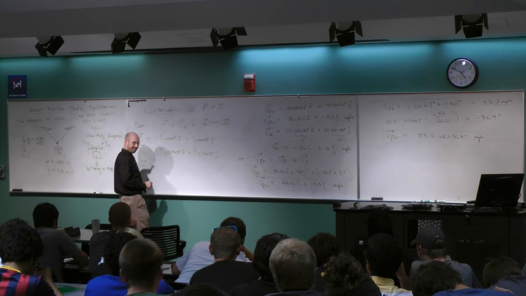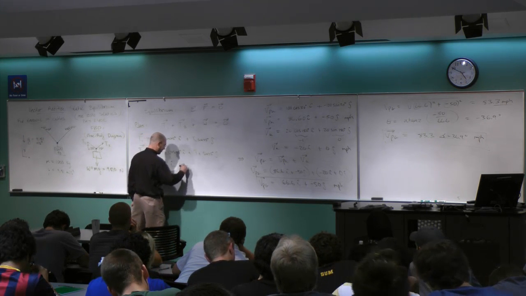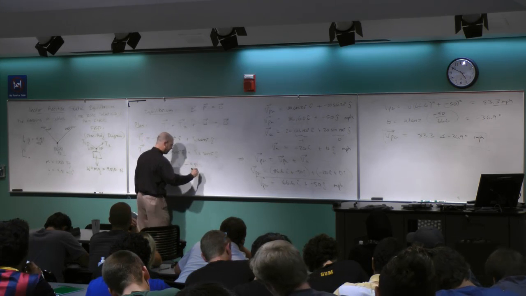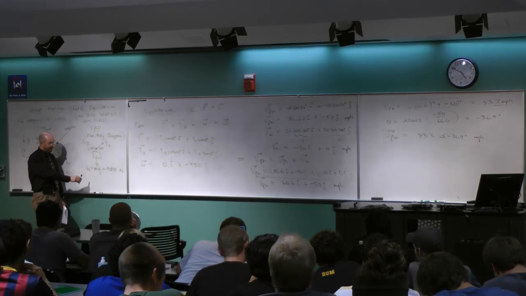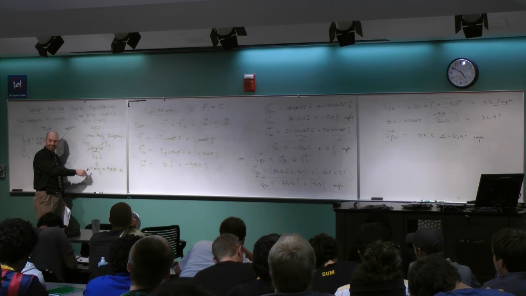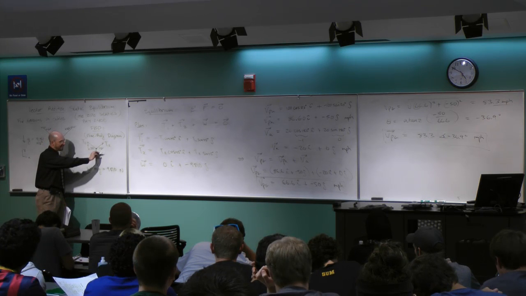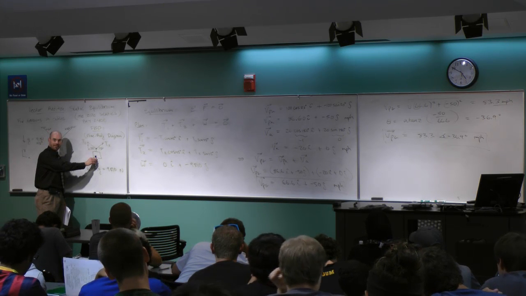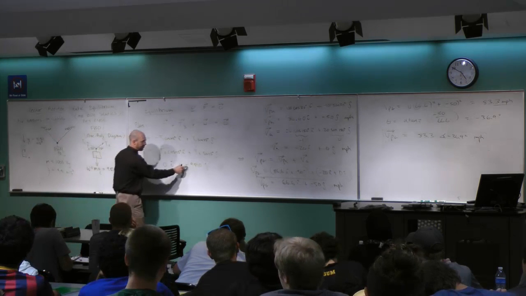How much i? 0i plus negative 9810j. I can use sines or cosines, but when I see that it's straight up and down, that's what j is, right? If I wanted to use sines and cosines, this angle would be negative 90 degrees, so sine of negative 90 would take care of this right here.